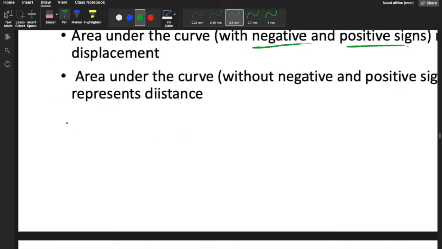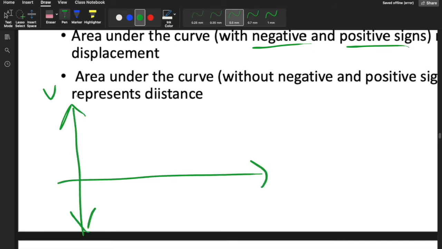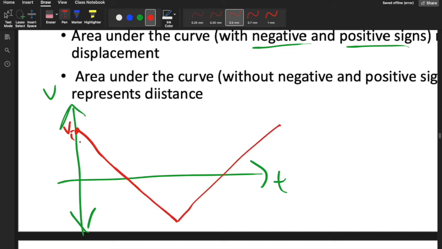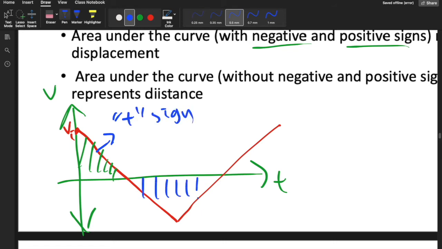So this is a velocity versus time graph, and you move at this velocity, so this part will be your displacement, but it will have a positive sign. But this part here will have a negative sign.